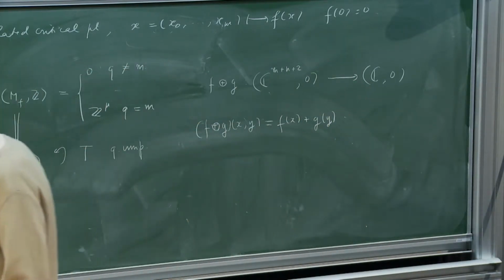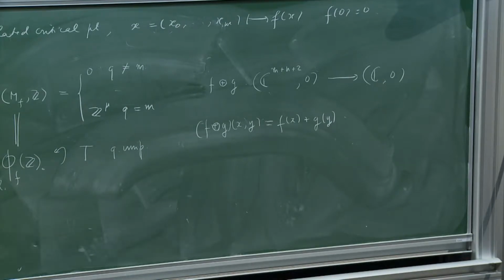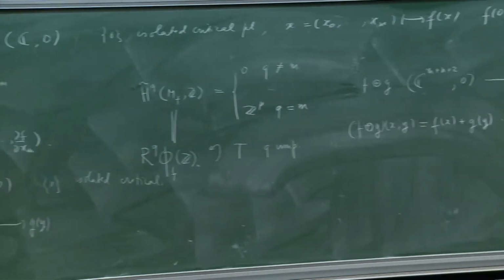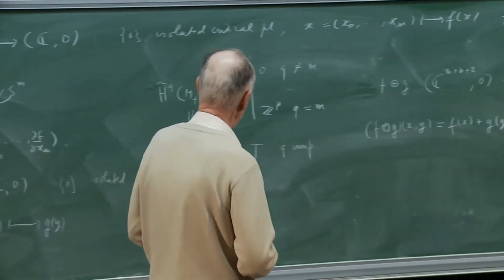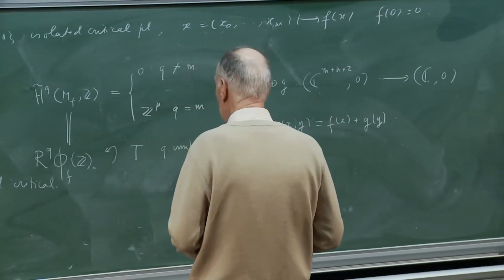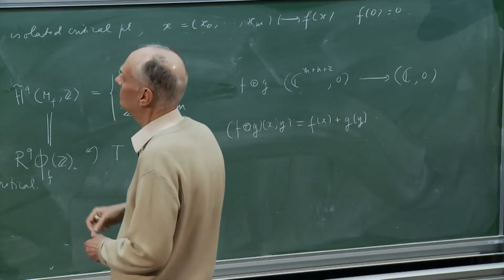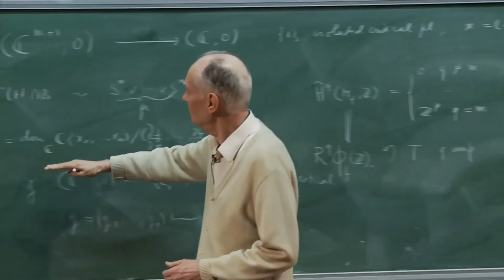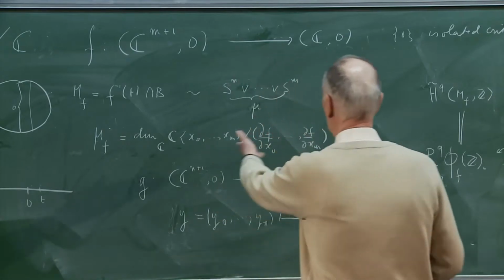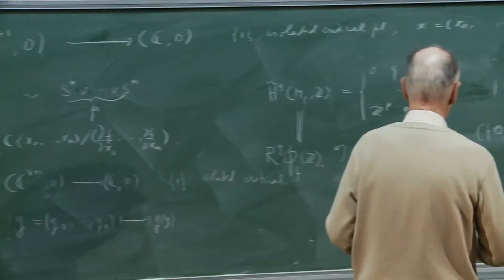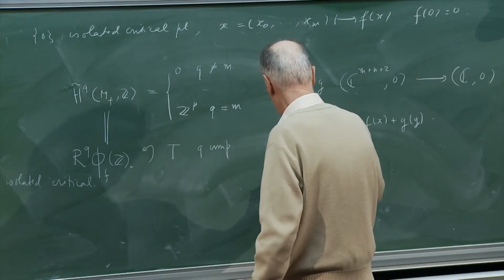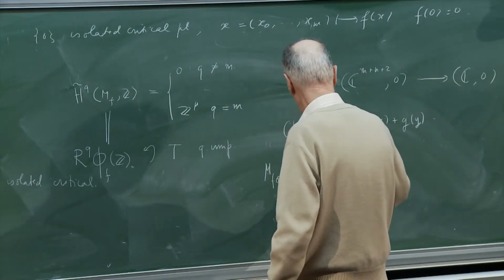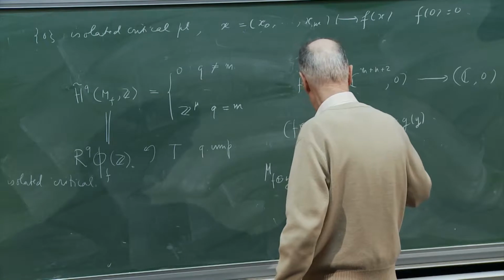It is immediate to see that this f plus g also has 0 as an isolated critical point. And also, from Milnor's formula for mu, you see that mu of f plus g is mu f times mu g.